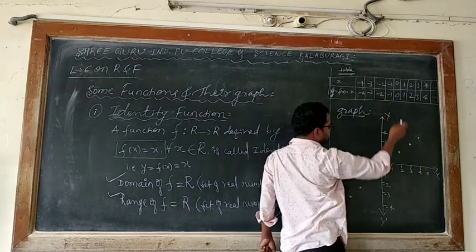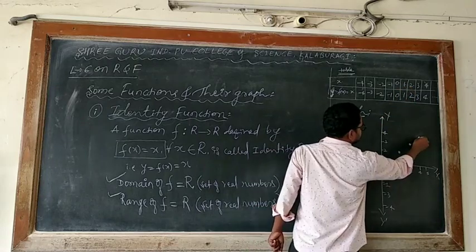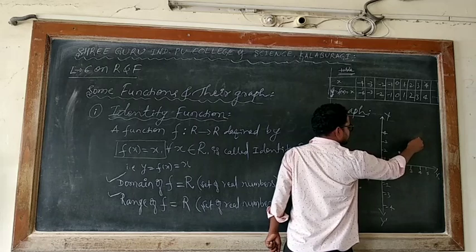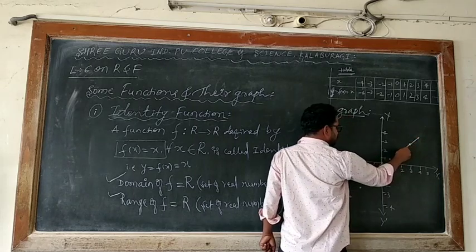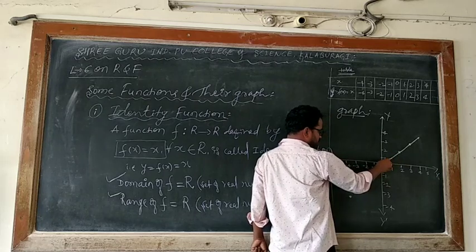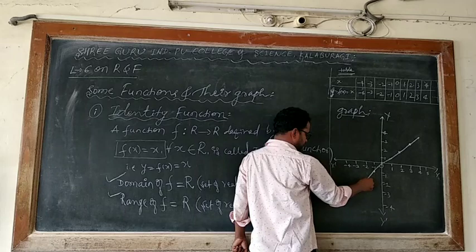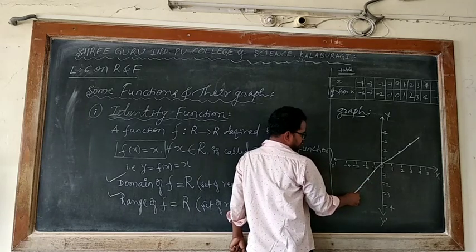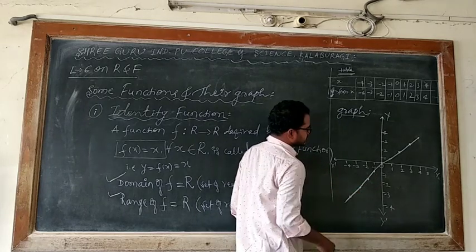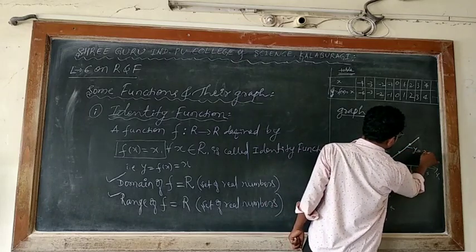According to these points I am getting a straight line passing through the origin. Now I will join all these points with a straight line. If you have a scale, you can use it to join all these points. This is a line, and I can say it is y is equal to x.